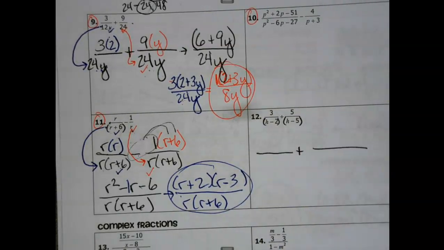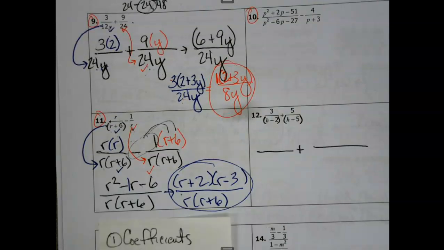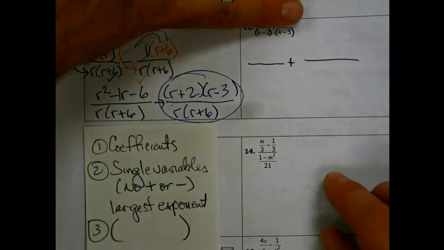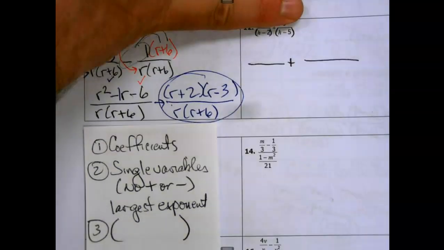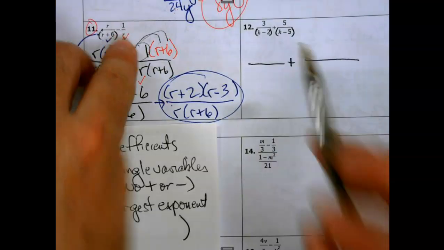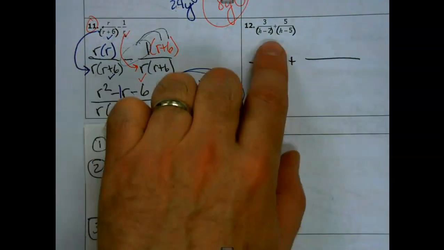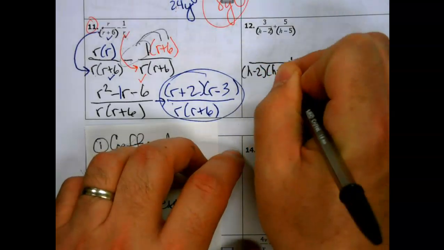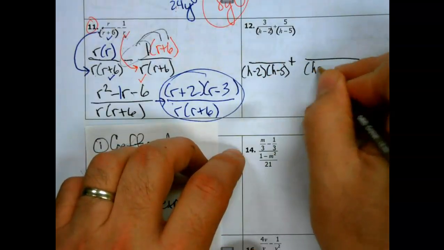So I look at this next one. Where'd my little checklist go? Let me get my little checklist back out here. Do I have any numbers hanging out in front? No. Do I have any single variables hanging out in front like my R here? No. But I do have these parentheses, and they're different. So I have to have them both.